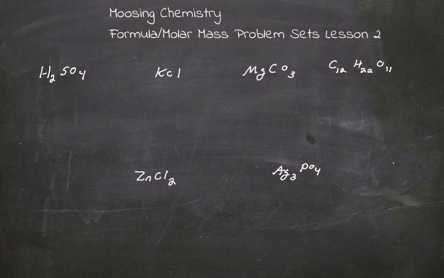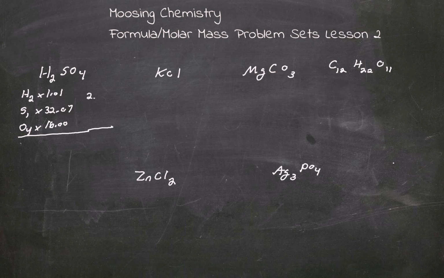All right, so let's start with this one here. We have 2 hydrogens at 1.01, 1 sulfur at 32.07, and 4 oxygens at 16.00. Well, I know it's actually 15.99, but we like to round.